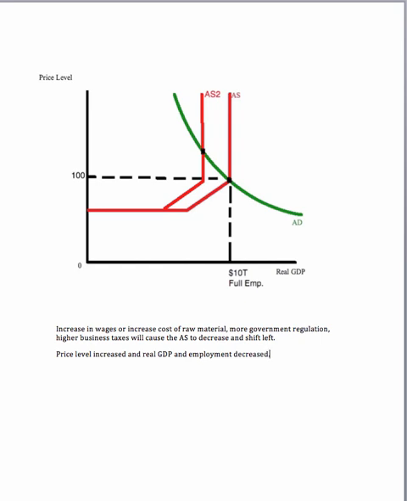This is also stagflation. That is, we have prices rising, inflation, while unemployment is also rising. That is what's called stagflation: rising inflation and rising unemployment.